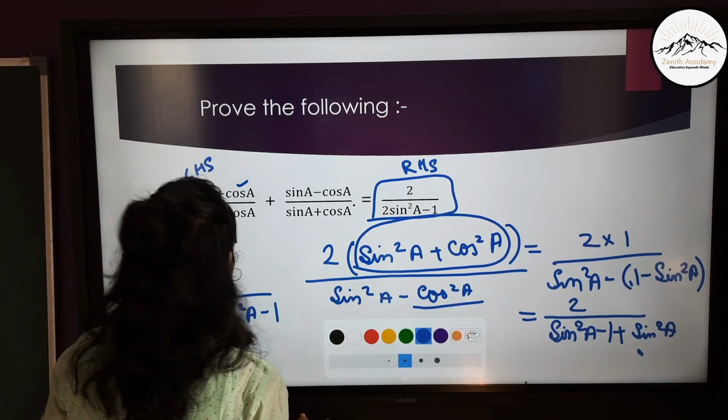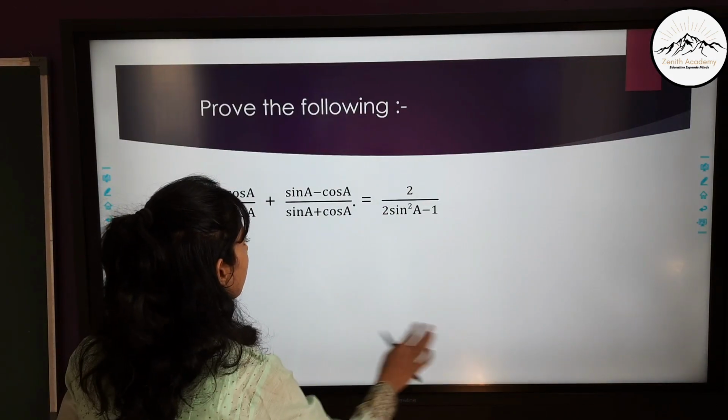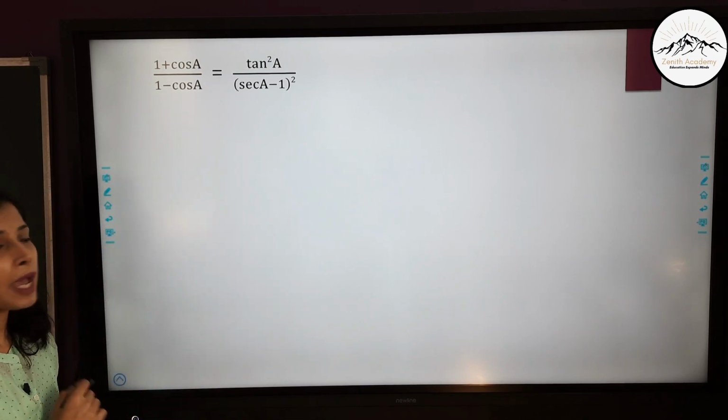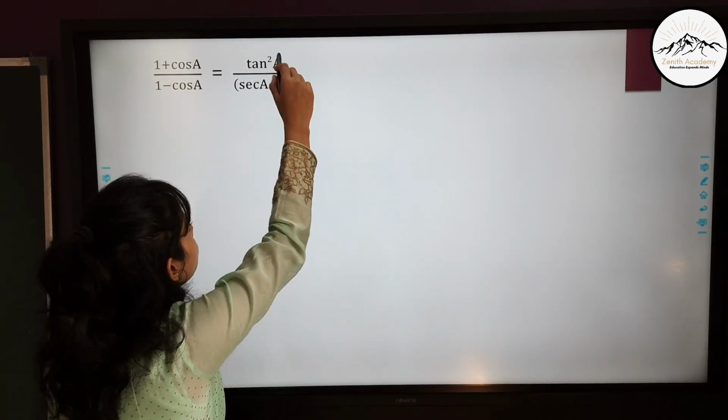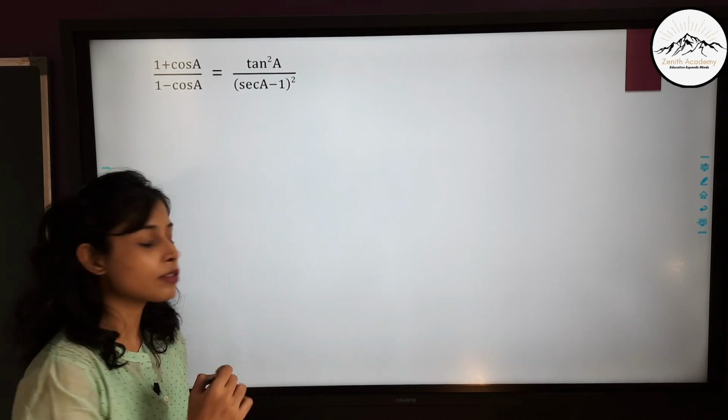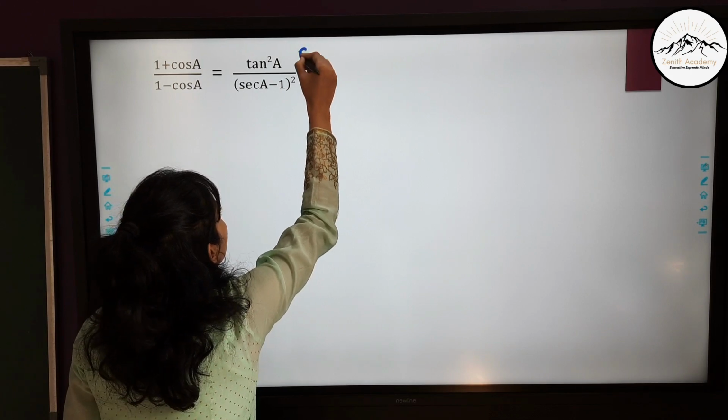Let's see the other question. 1 plus cos A upon 1 minus cos A is equal to tan square A upon (sec A minus 1) whole square. See, this is our RHS.